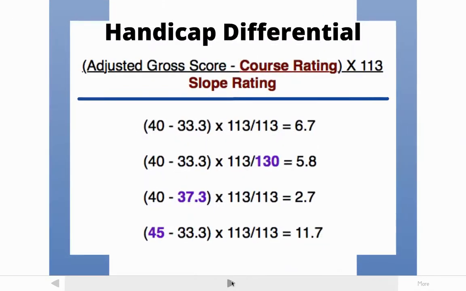But here's an overall calculation, just to get an overall view of how that's calculated. It's basically adjusted gross score minus the course rating, times 113, which is your average slope rating, divided by the slope rating. So in this video, I wanted to focus on course rating and slope rating and how those are calculated or determined.